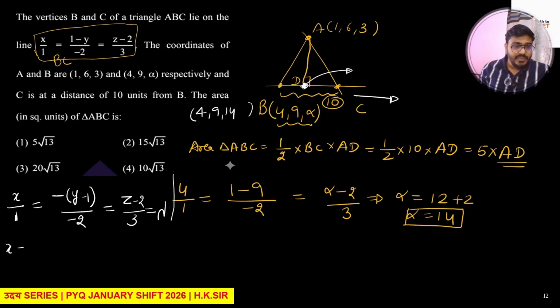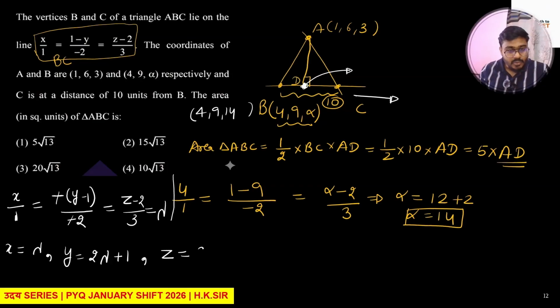Now from here x equal to lambda, and y equal to 2 lambda plus 1, z equal to 3 lambda plus 2. So this is the coordinate of point D, the general point on the line.